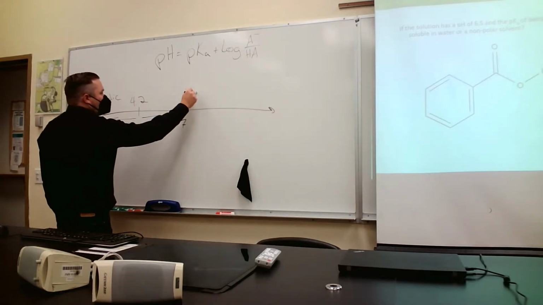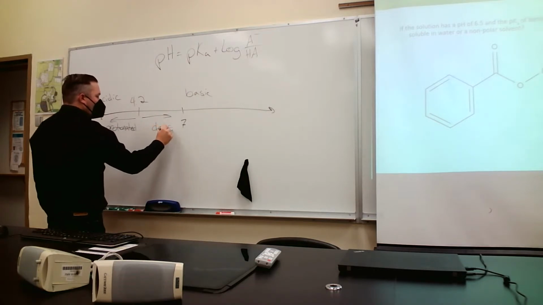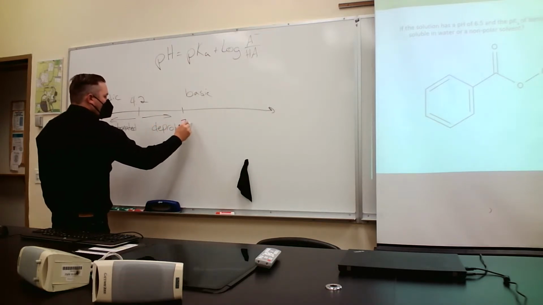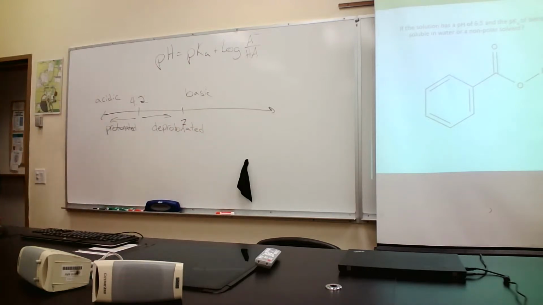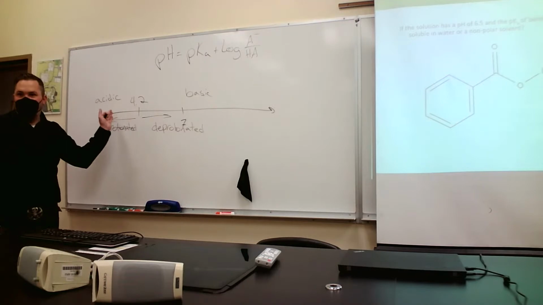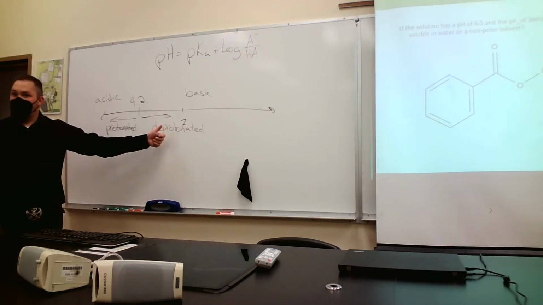Basic on this side, therefore deprotonated. So pKa can slide back and forth, but the acidic, basic, protonated, deprotonated doesn't change. Just which form is charged changes depending on the functional group, and where pKa is depends on the functional group.